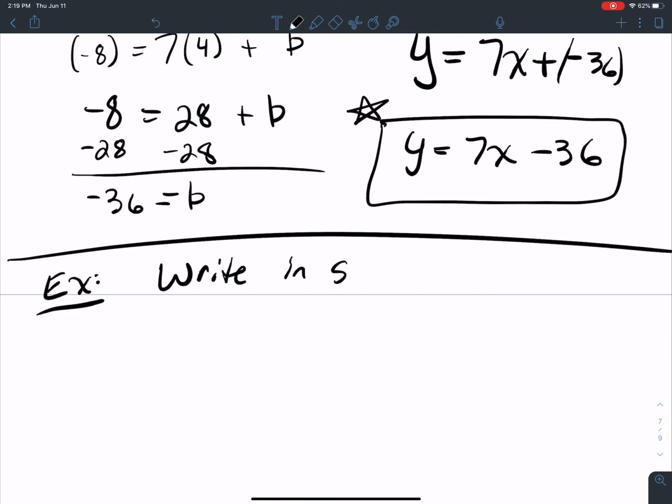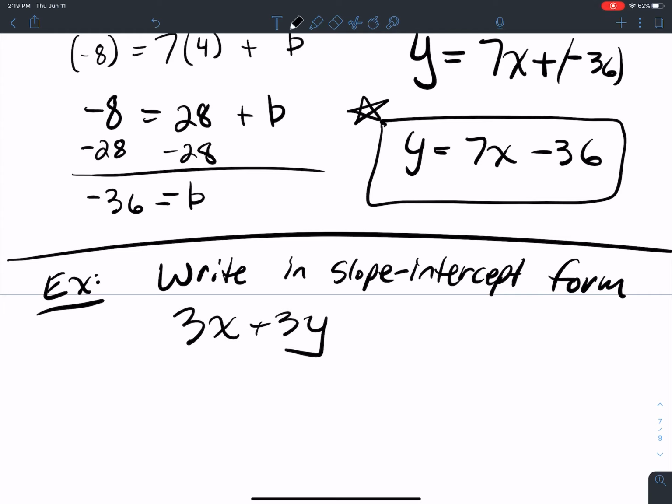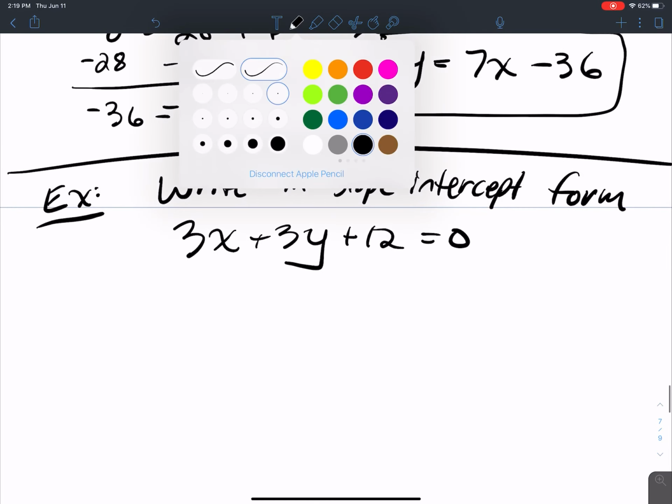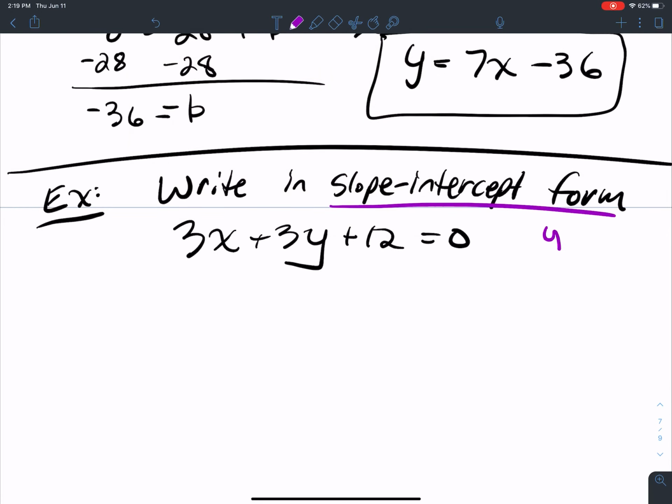Write in slope-intercept form: 3x plus 3y plus 12 equal to 0. Now how would I do this? Slope-intercept form, y equals mx plus b. I literally solve for y.